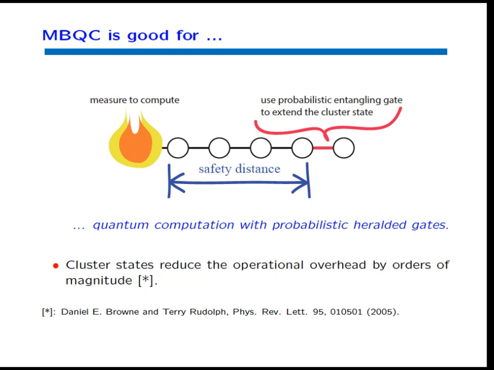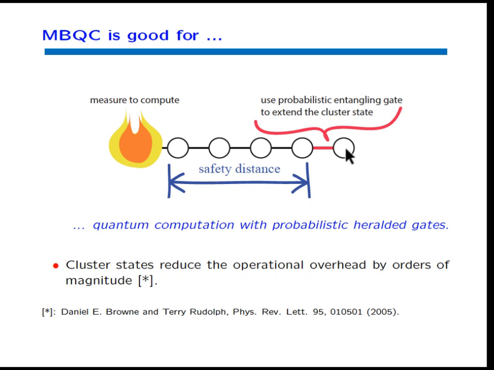And that makes a huge difference. So that when your probability of success is large enough, on average, you can grow cluster states. You can grow a cluster state on one end, and you take away from it on the other side by performing your local measurements that drive the computation.